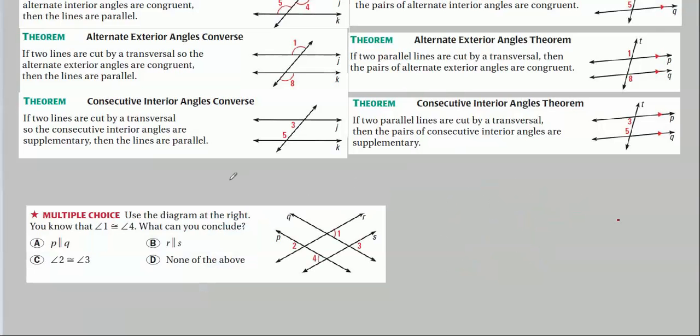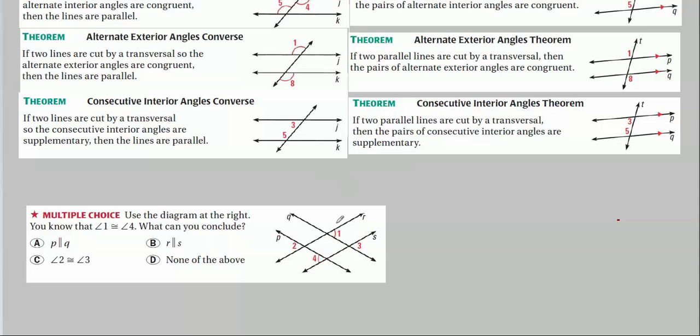Now here's one where they want to know if you can draw any conclusions from what you see here. And it's really tempting to look at this and say, oh, well, alternate interior angles, these lines must be parallel. Oh, wait a minute here. None of these theorems say anything about two transversals cutting parallel lines. Just one.